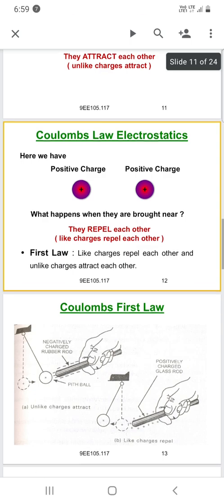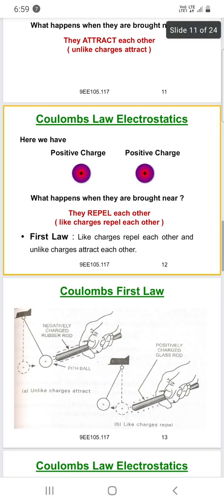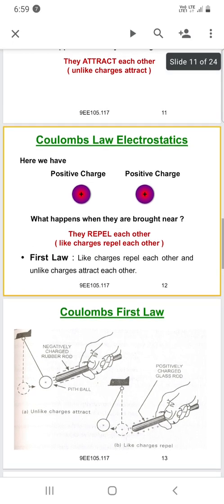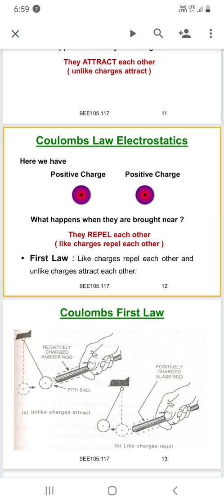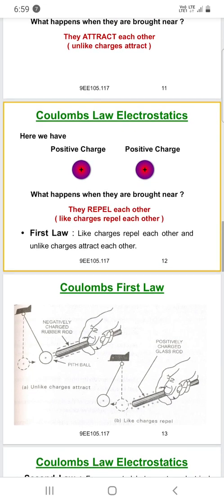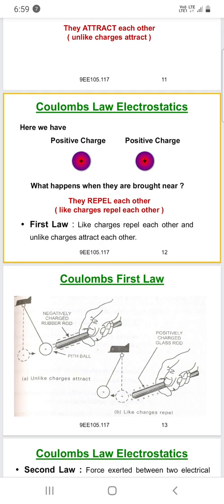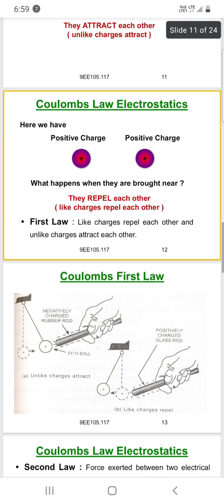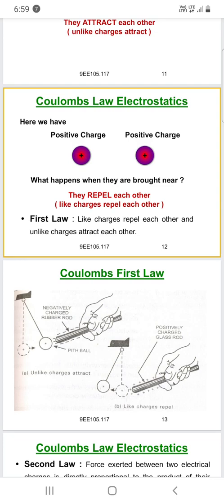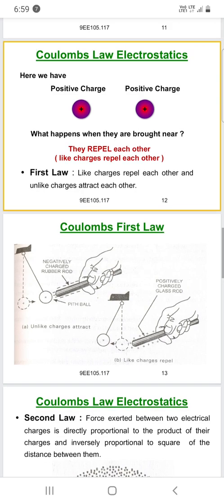What will happen when these two charges are placed near to each other? So here they repel each other. Why? Because like charges repel each other.